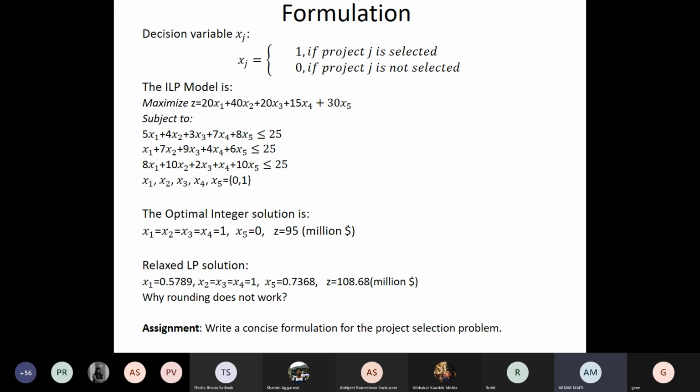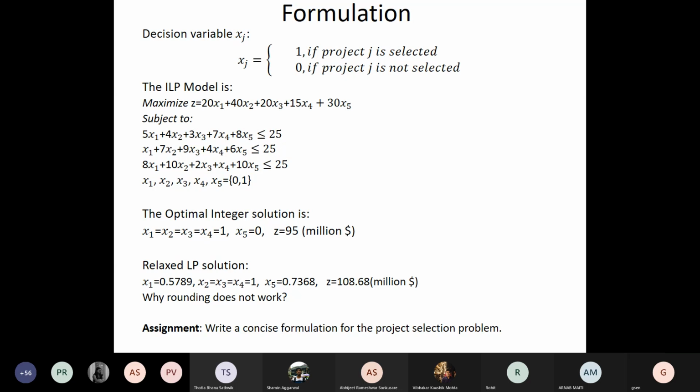But if all variables become 1, then the constraints will be violated. It is not a feasible solution for the original integer problem. So this is a very simple example, and like this, you can see many other examples where this rounding off doesn't work at all.